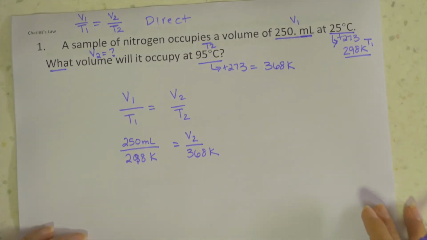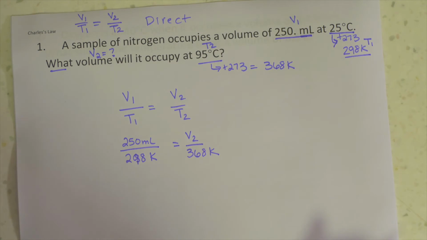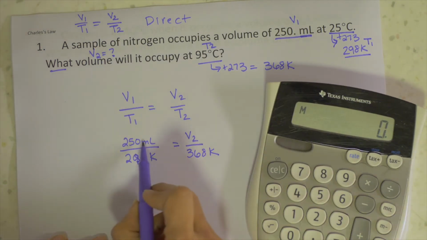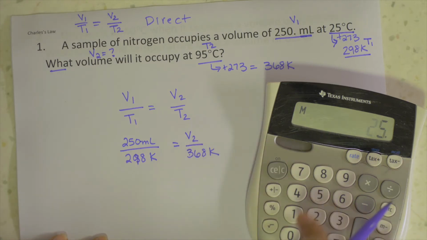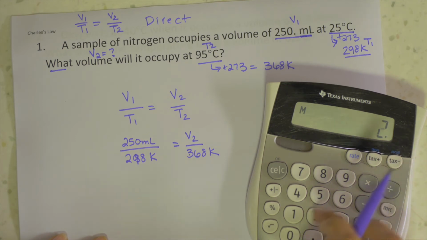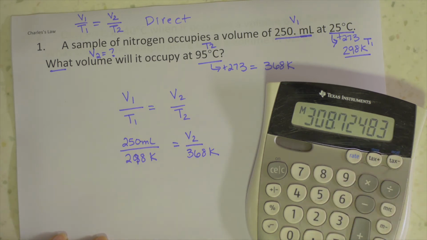And as we said yesterday, the easiest way to solve these problems is to cross multiply and divide. With our calculator, we cross multiply these two: 250 times 368 equals, and once I've done that, I divide by 298, which gives me 308.7.